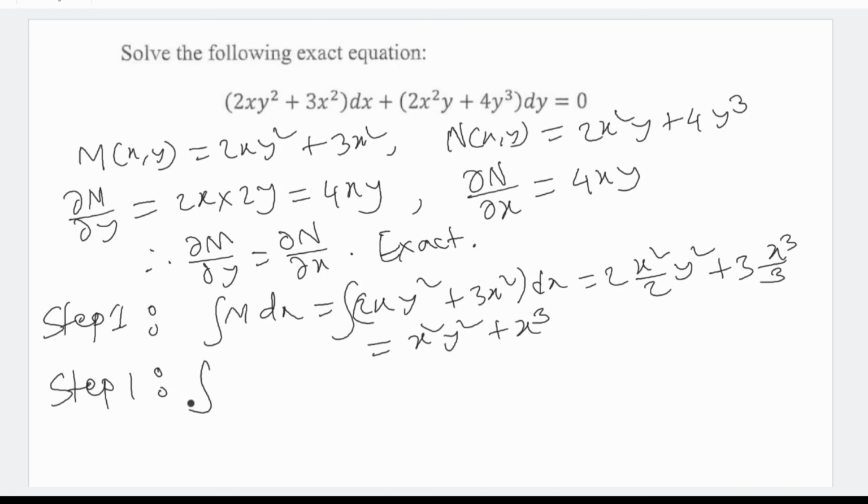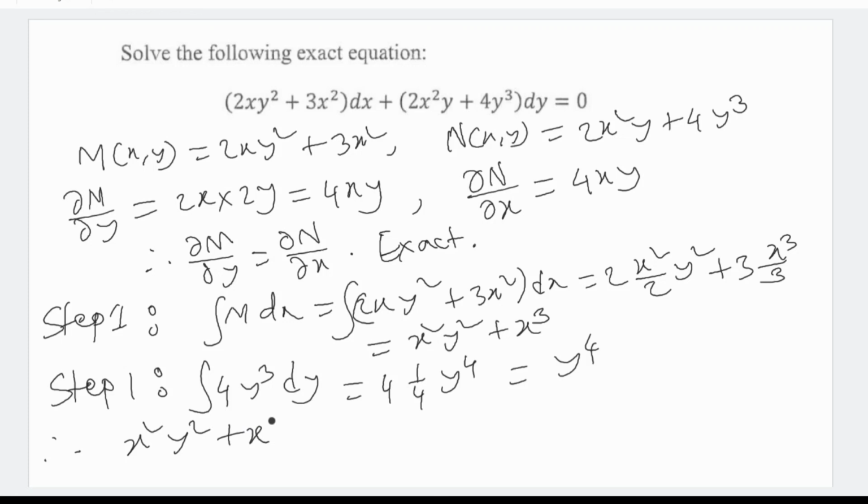That means 4y cube dy is equal to 1 by 4 y to the power 4, that means y to the power 4. So our general solution is x squared y squared plus x cube plus y to the power 4 is equal to c. So this is our solution.